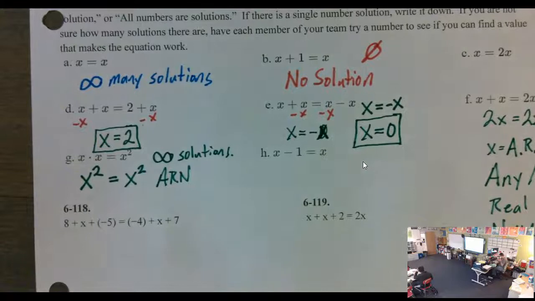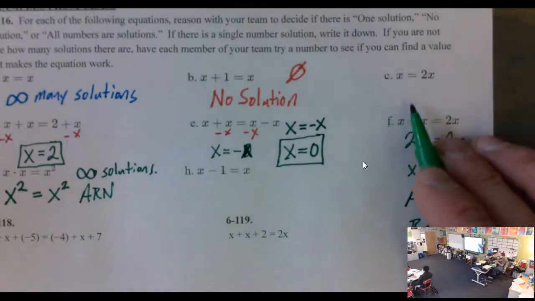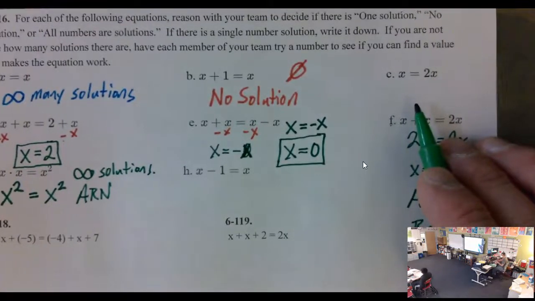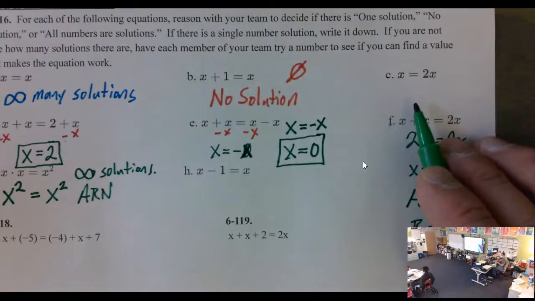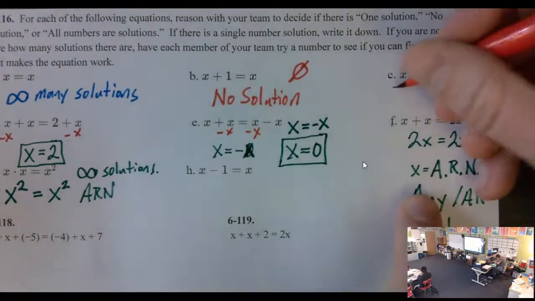What about C? Oh, I don't know how I skipped C, but I did. Are you volunteering? Yeah. I was thinking that since x equals 2x, then x could be 0. If you add 0 twice, you still get 0.